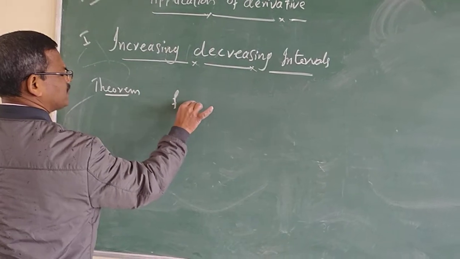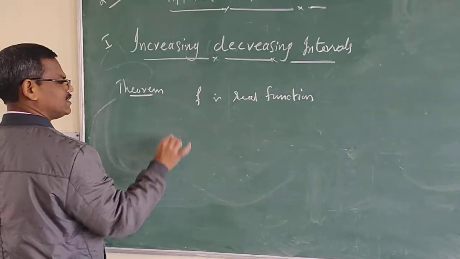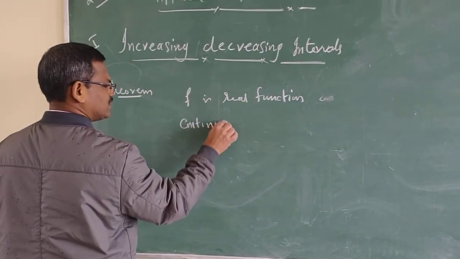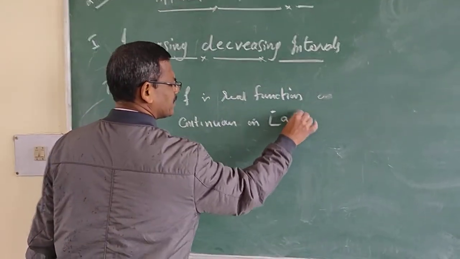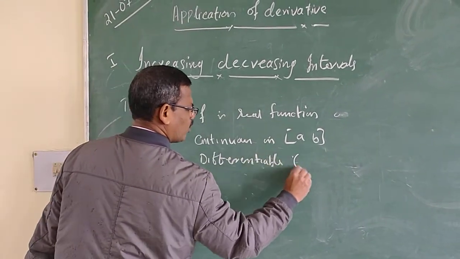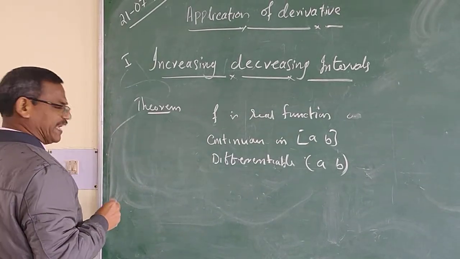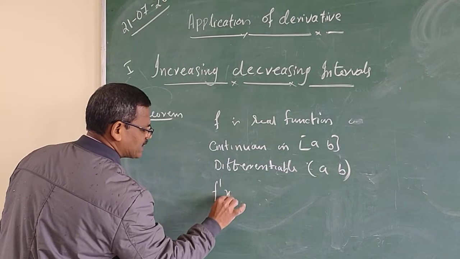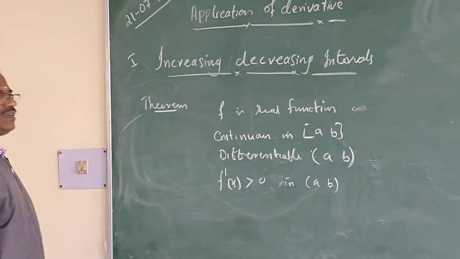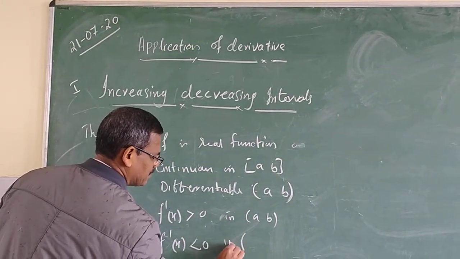It says that if f is a real valued function, continuous on the closed interval [a, b] and differentiable in the open interval (a, b), then if f is increasing, f dash x will be positive in that interval, and if it is decreasing, then f dash x will be negative in (a, b).